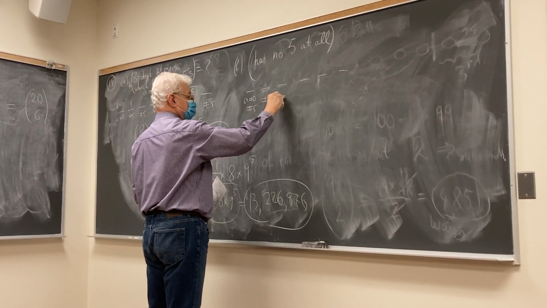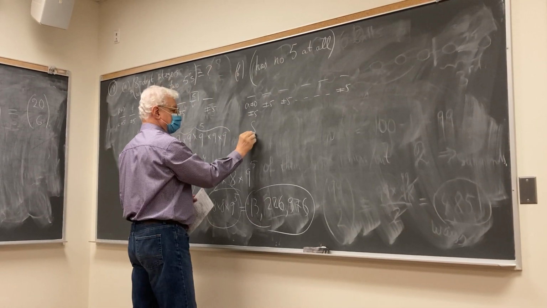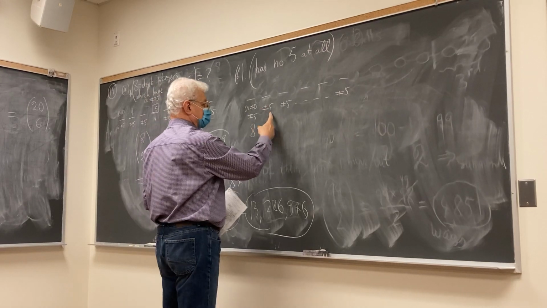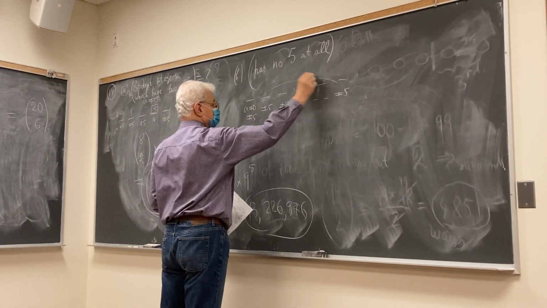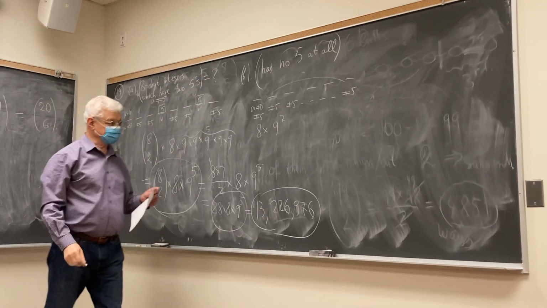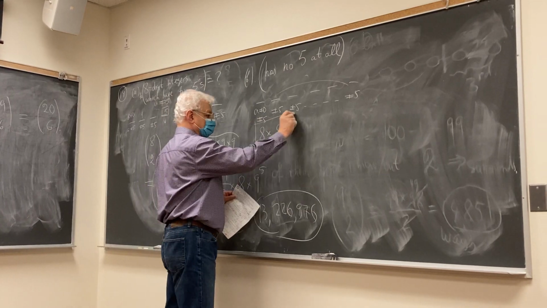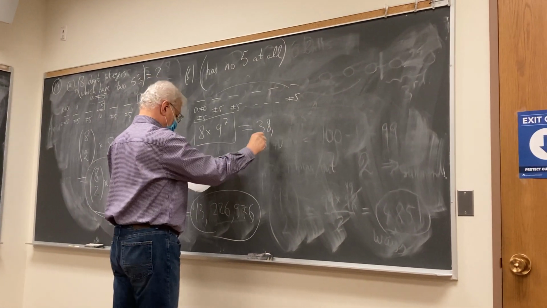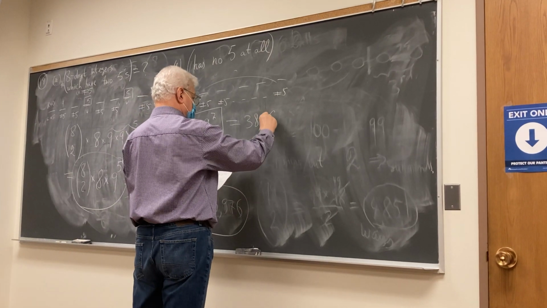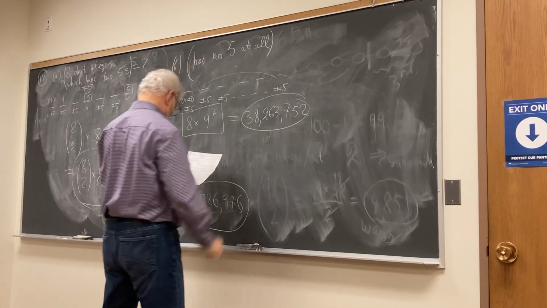This is not 5, this is not 5, and so on. All of them are not 5, and we have 8 possibilities here, and 9 possibilities for each other one. And so how many of them? It will be 8 times 9 to the 7. And the answer is 38,263,752. So many.